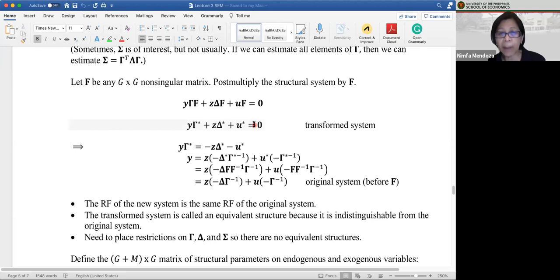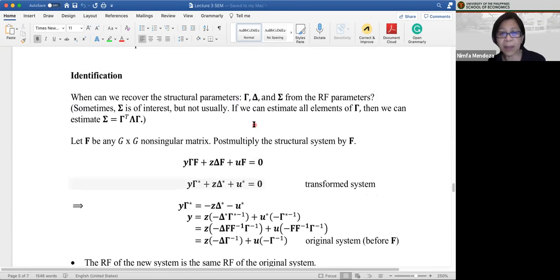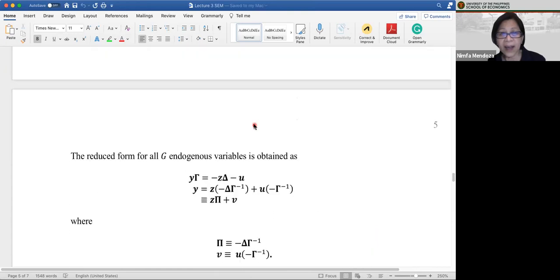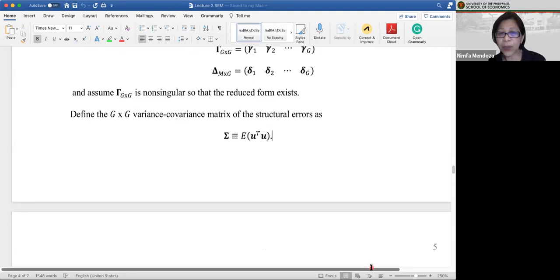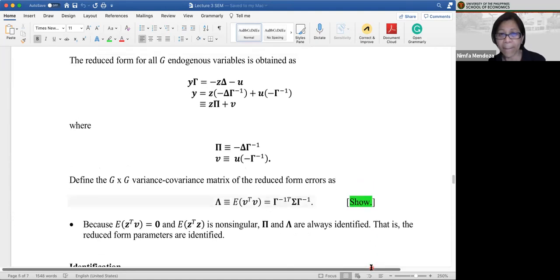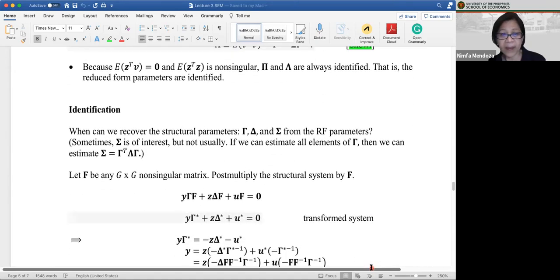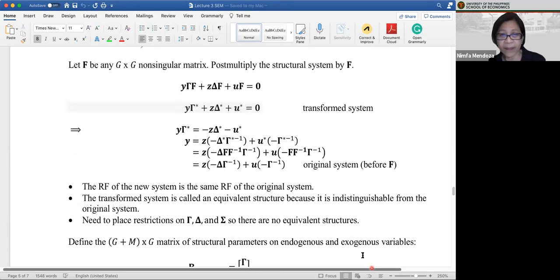So this system gives you the same result as the original system, okay? So you get the same reduced form. Okay, so the reduced form of the new system is the same reduced form of the original system.